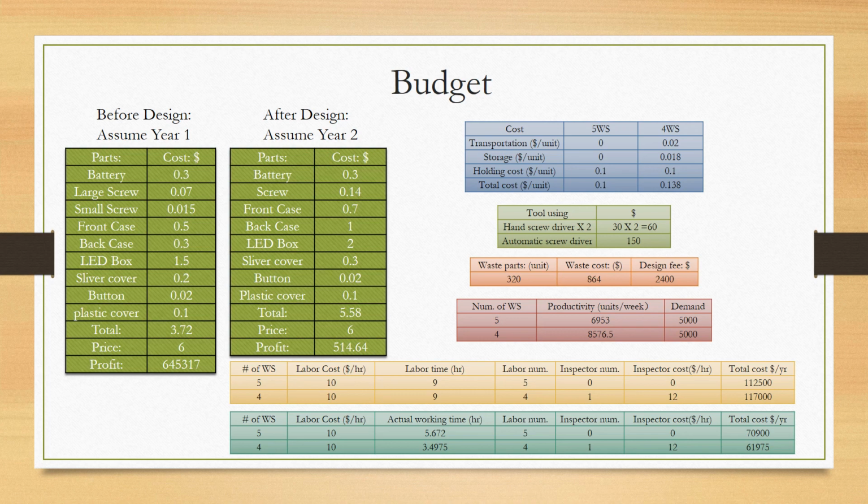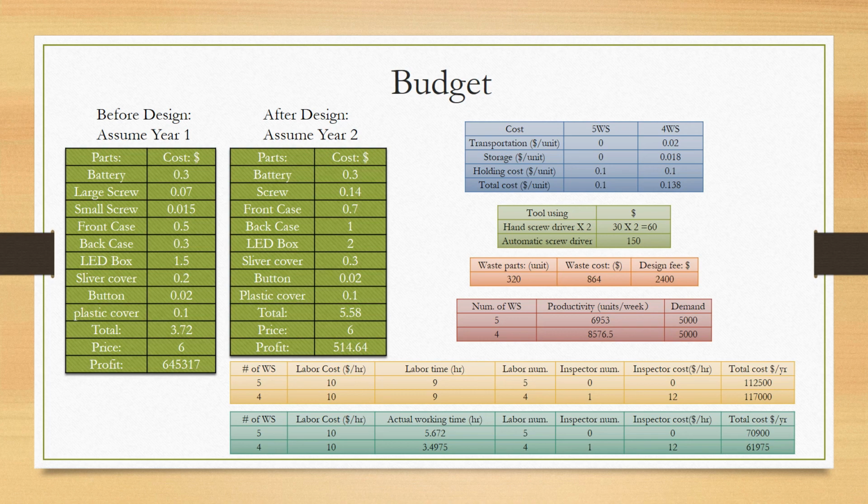Our transportation, storage, and holding costs also increased with tool usage and waste cost. This waste cost is basically for the company that we hired to produce parts. Since now we can't use those parts, we're not going to use the old parts anymore. For them, it's also a waste of money, so we had to pay for them. And also we consider a design fee, since we hired people to create the new design, we also had to pay that.